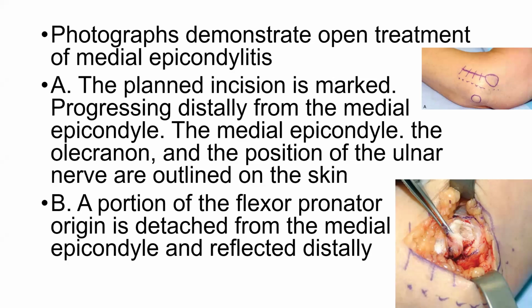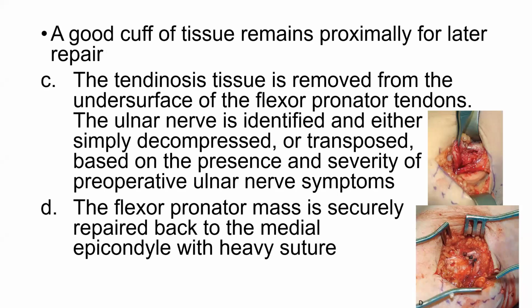In B, a portion of the flexor pronator origin is detached, as I mentioned recently, from the medial epicondyle and reflected distally. In C, the tendinous tissue is removed from the undersurface of the flexor pronator tendons.